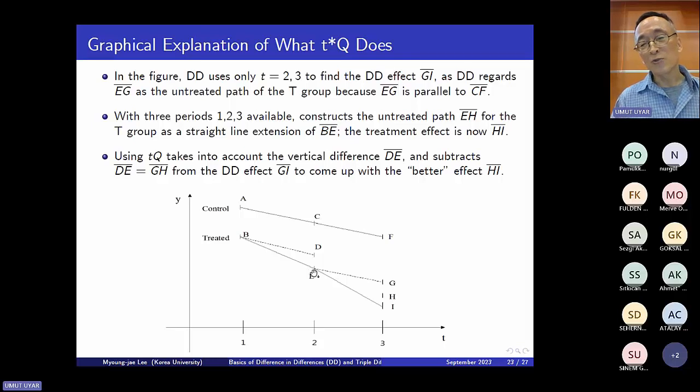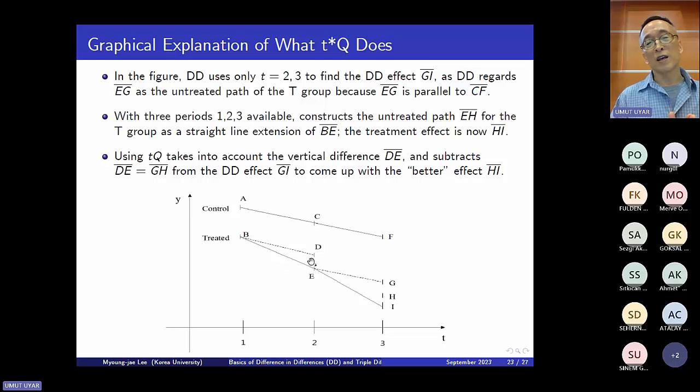So from here to here, you extrapolate this pattern to here. That will be the extension of this line, and this is how you allow the trend to diverge by this much.